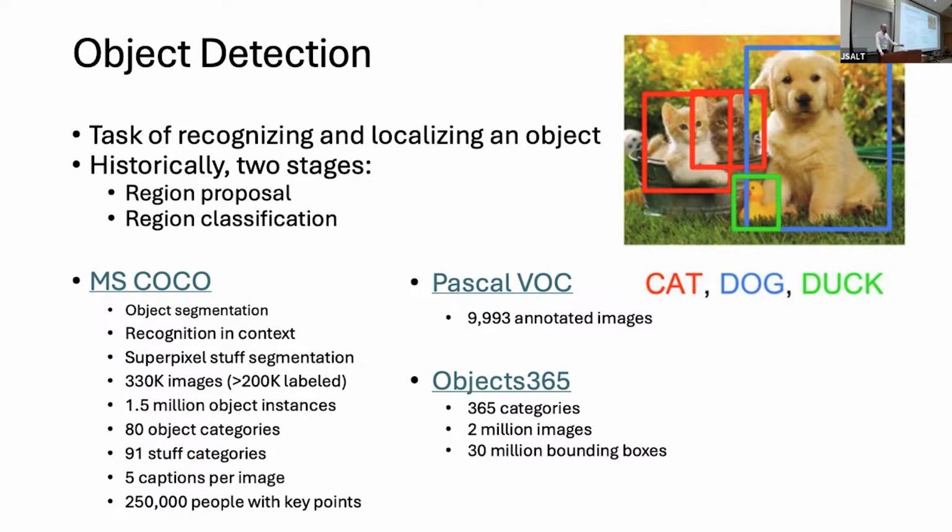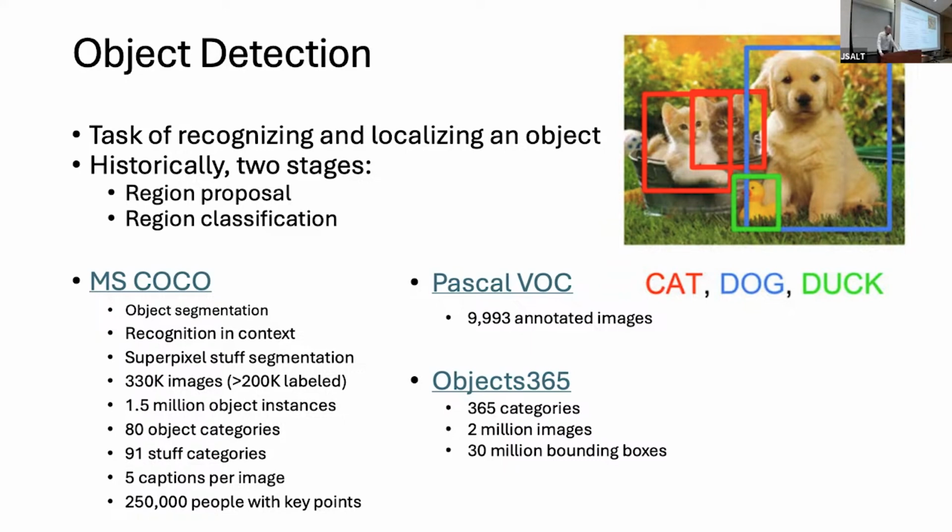Stuff is like sky or sea or a desert, something that does not have an instance, even pavement or road. So the terminology needs to be there, right? Things and stuff. And this is used for panoptic segmentation. I will show you a little bit about it on the next slides.